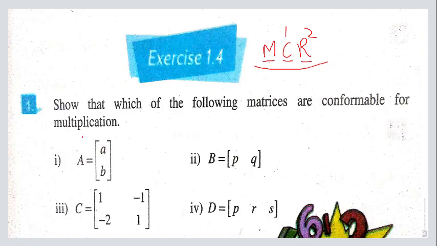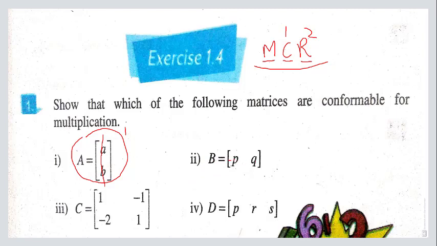First of all, look at this one. The matrices are A and B. Now, how many columns are there? Only one column. You can see that. So now we will check for rows. In the second matrix, B is equal to PQ.